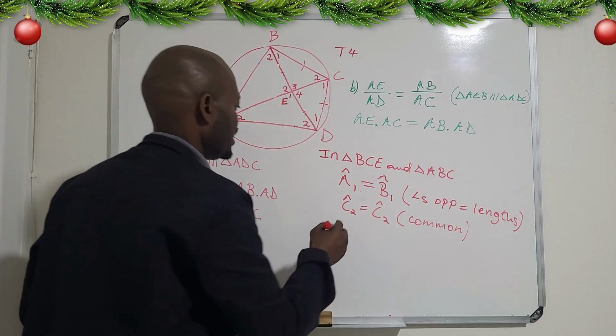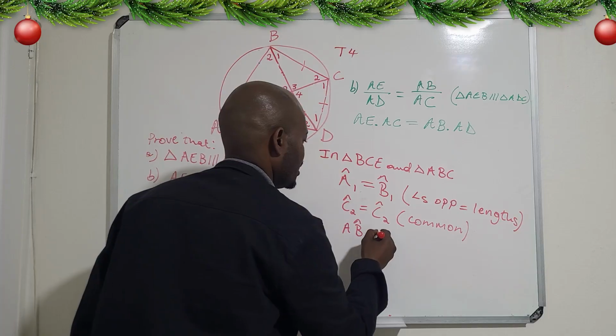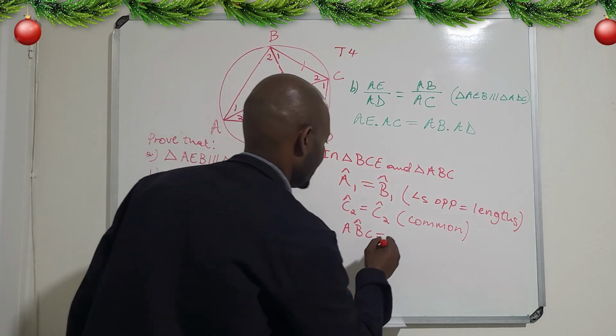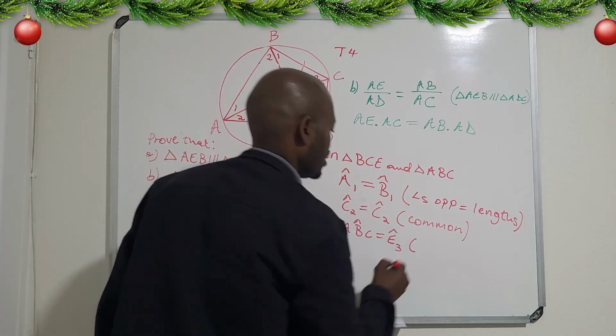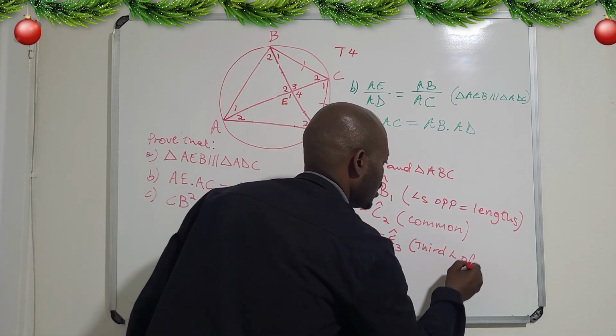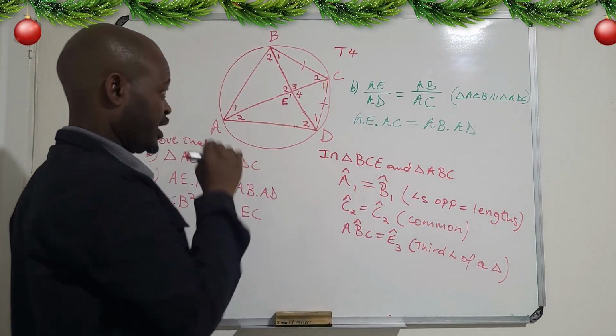Angle ABC is equal to angle E3. Reason: third angle of a triangle.